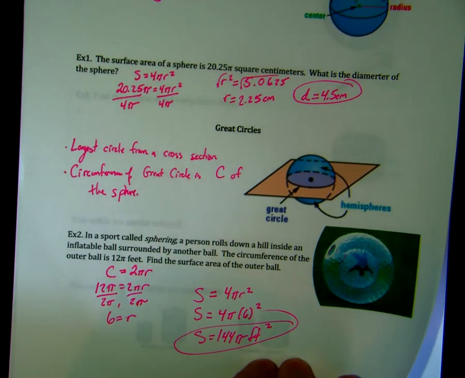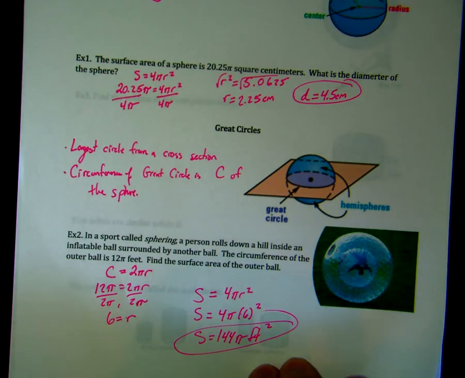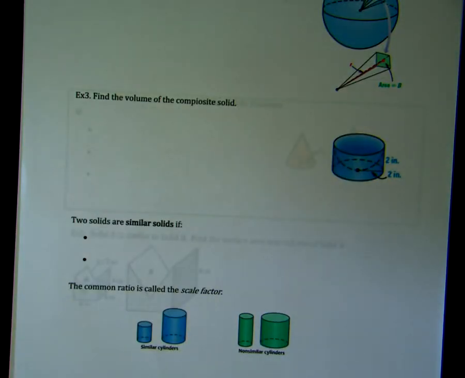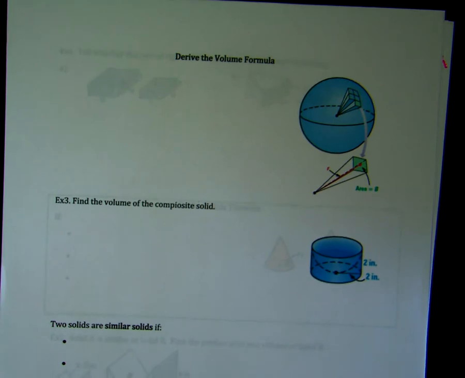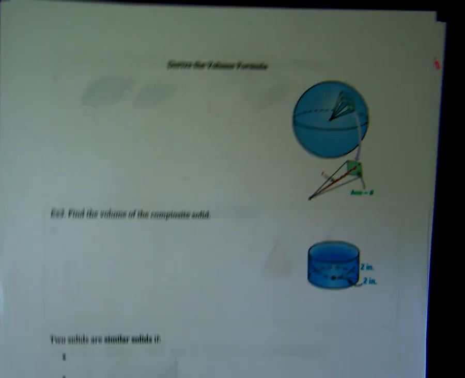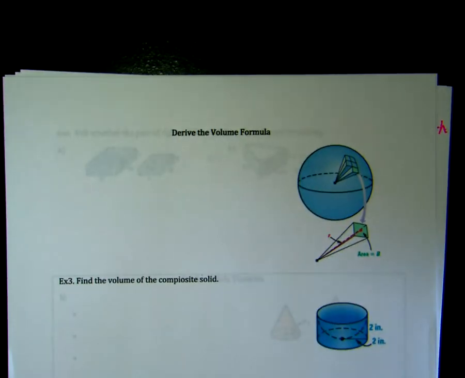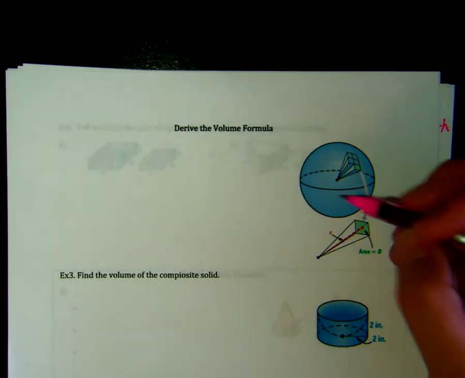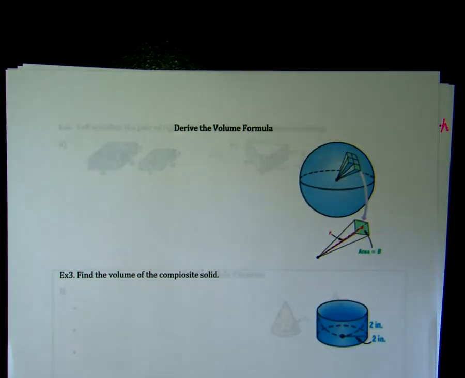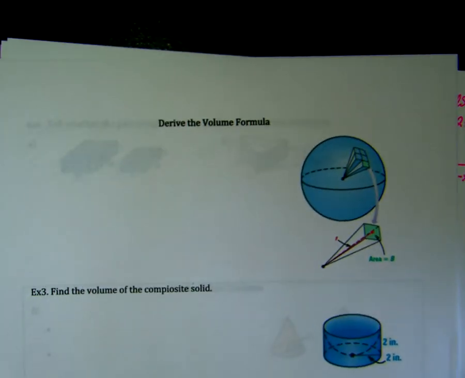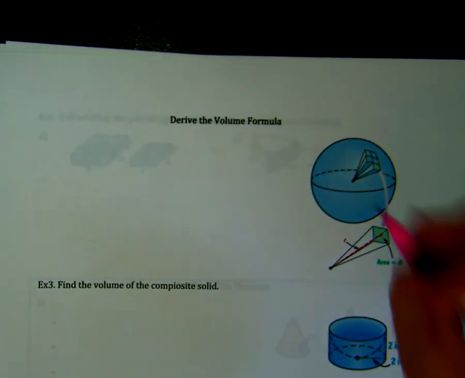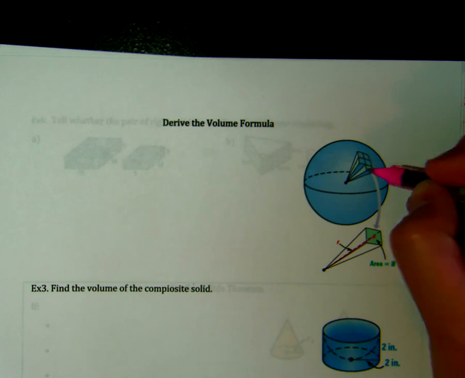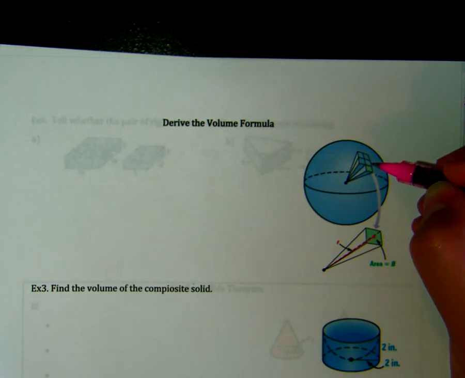Let's talk about volume. The surface area formula is kind of a fun one to memorize, but it's even more fun to derive. Okay? So deriving the volume formula, I think is a lot of fun. So basically what you want to do is take a sphere, and break up its whole surface area into these little square pieces.